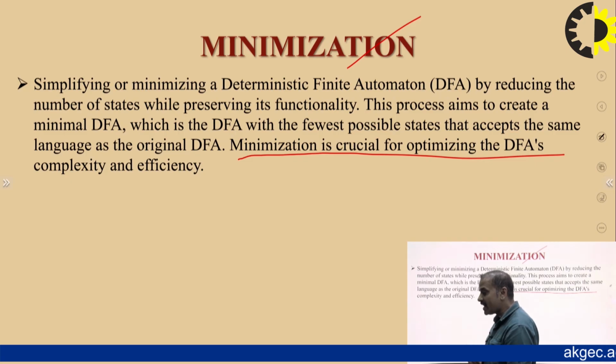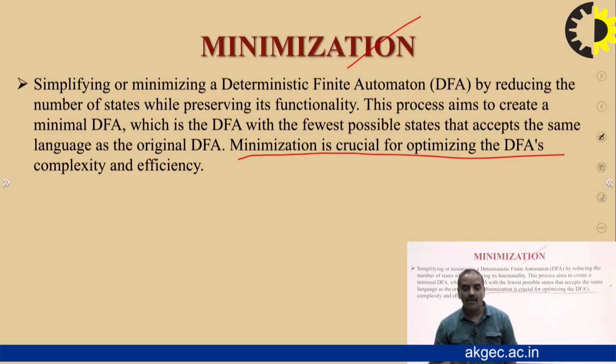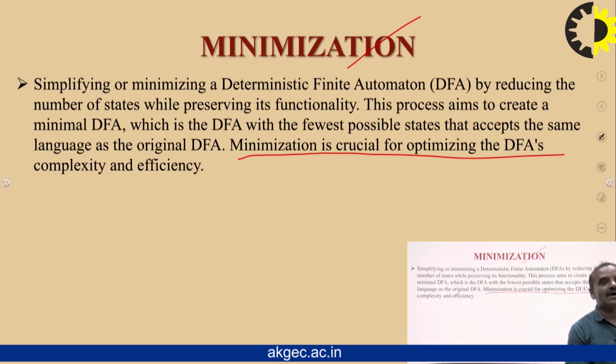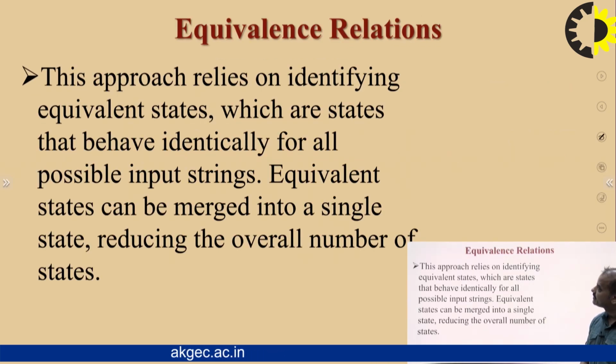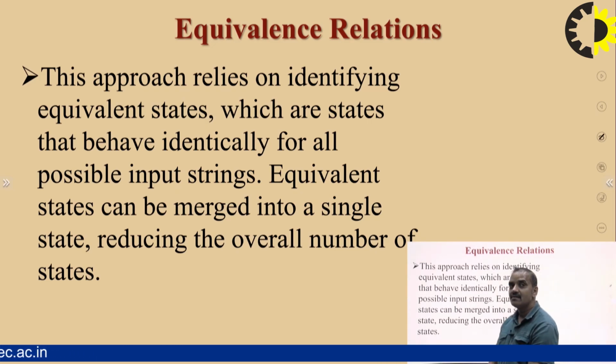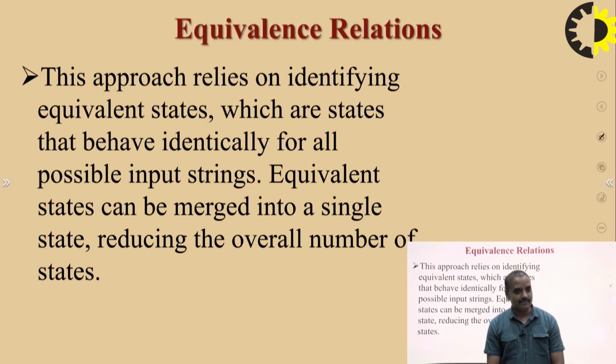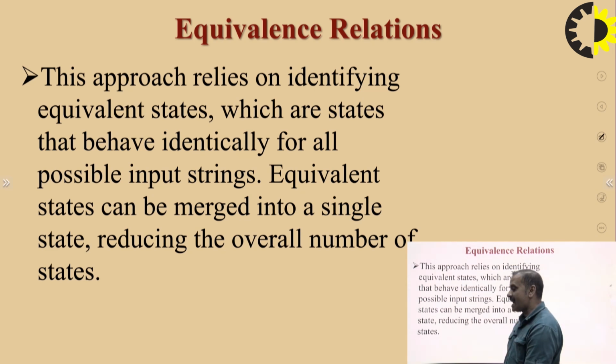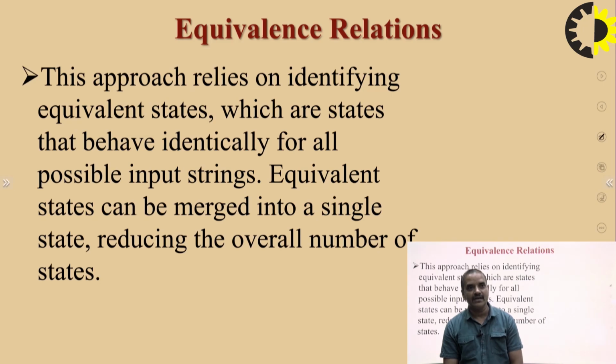This is the main topic of unit 1, which discusses how to minimize the given DFA. This is the approach used in the equivalence relation. As we saw in the first slides, minimization is of two types. The first one is the equivalence method and the second one is the table filling method.